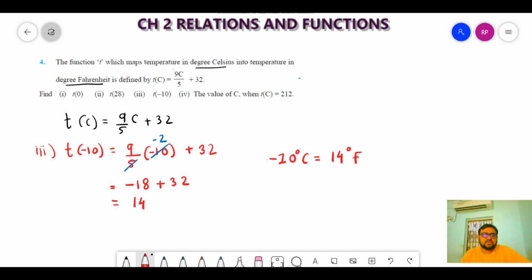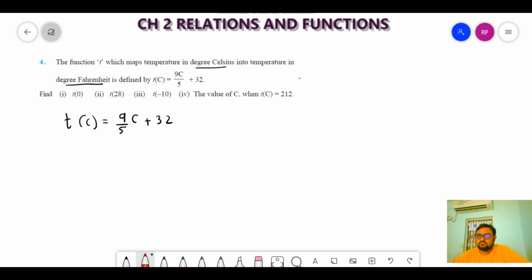Now let's move to the fourth one of question number 4. You have to find the value of C when T(C) is 212. That means at what degrees Celsius the temperature is equal to 212 Fahrenheit. Clear? So T(C) is equal to 212.